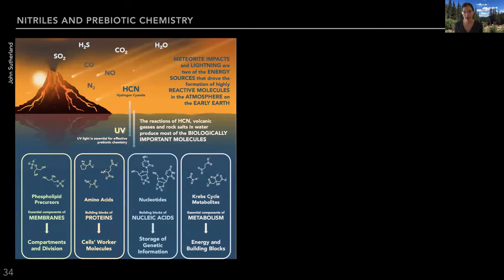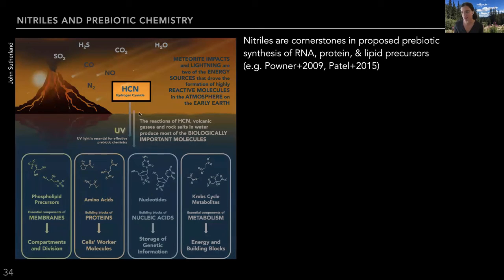Now, I want to step back and think about the implications of this for origins of life chemistry. So this is a prebiotic chemical scheme coming out of the Sutherland group. And you can see that sitting at the center of this synthetic scheme is the molecule hydrogen cyanide. So it turns out that nitriles are actually cornerstone molecules in the prebiotic production of molecule groups like RNA, protein, and lipid precursors.